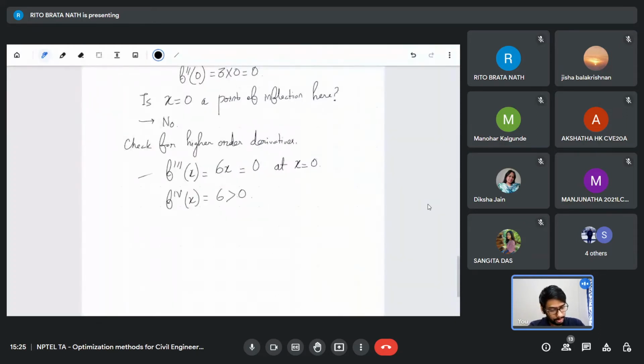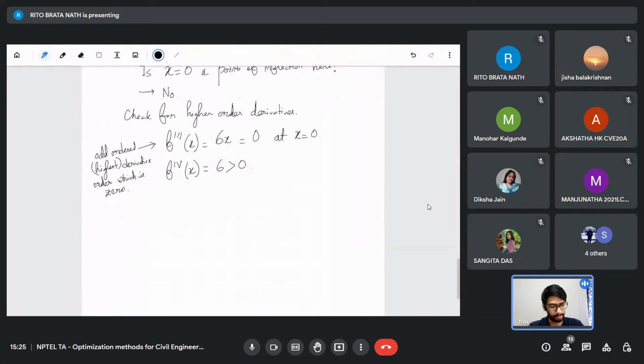So this is the lowest derivative order that is nonzero, and it is an even order. The immediate next one is greater than 0. So this pattern tells you this will be a minimum point.